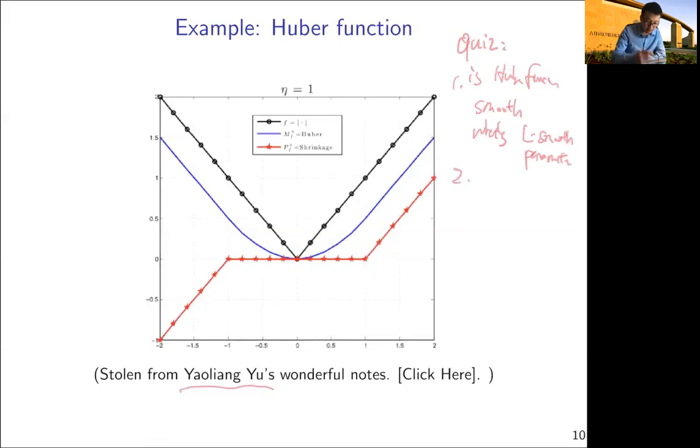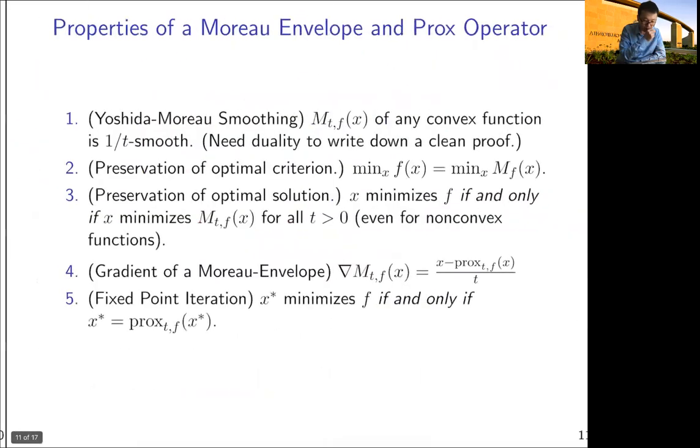And second, is it twice differentiable? If you have an answer here, feel free to just post that in the group chat, or later post that on Piazza with your work.